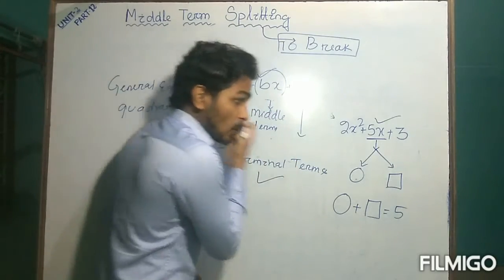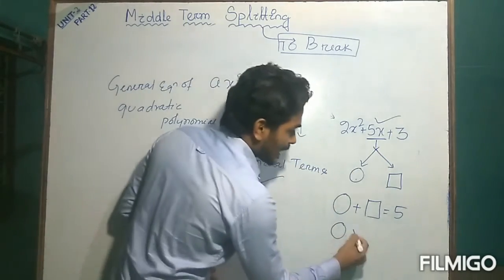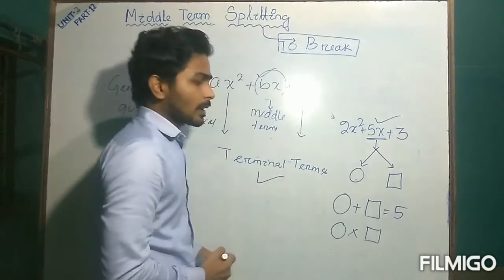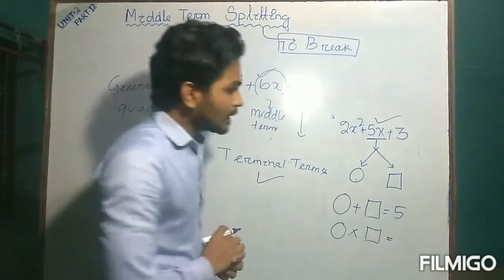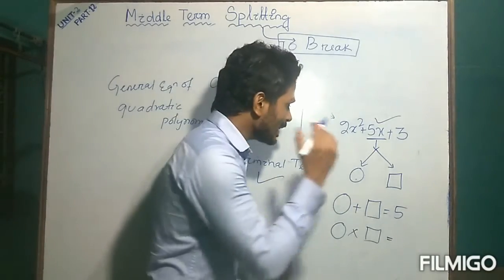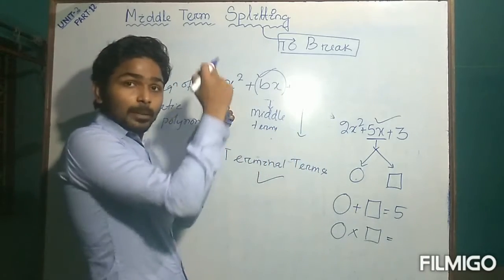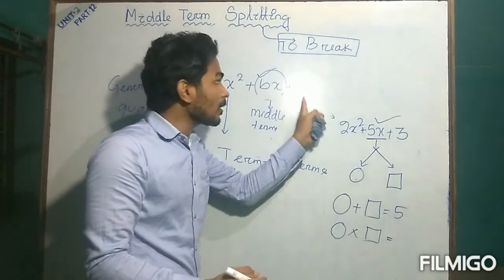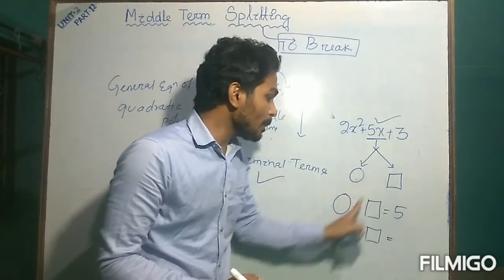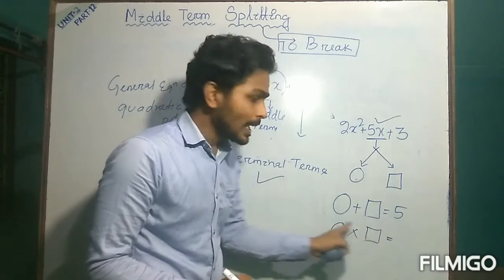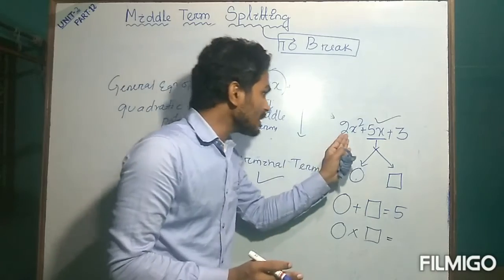The second thing is, whenever these two parts are multiplied, they will give the product of the coefficient of x square and the constant term.